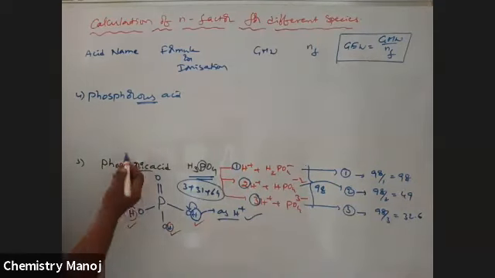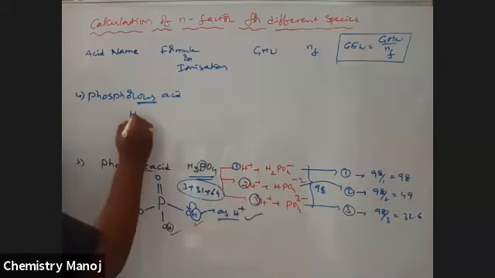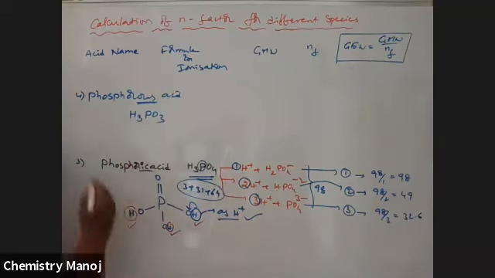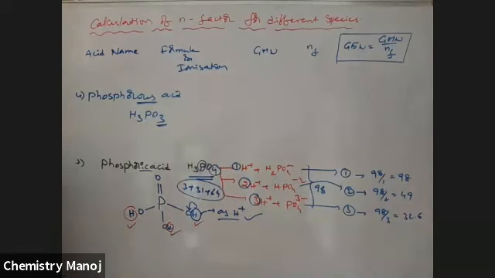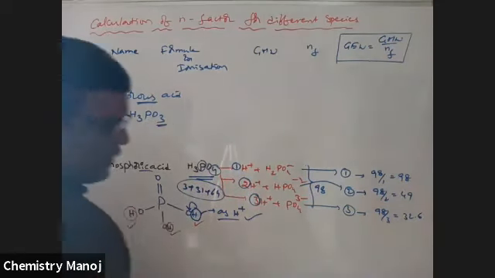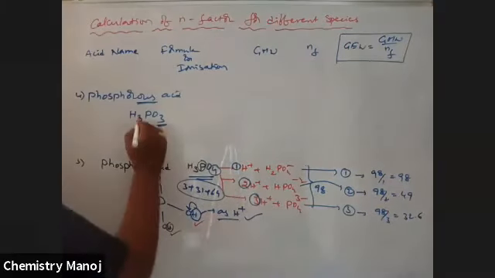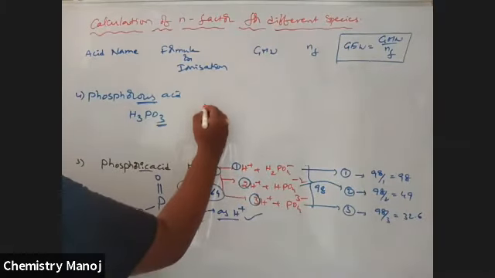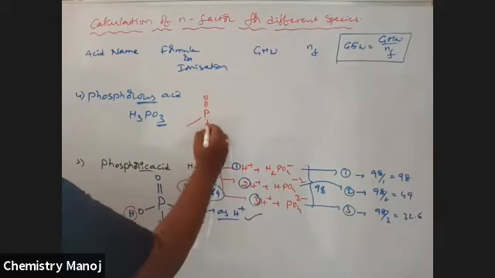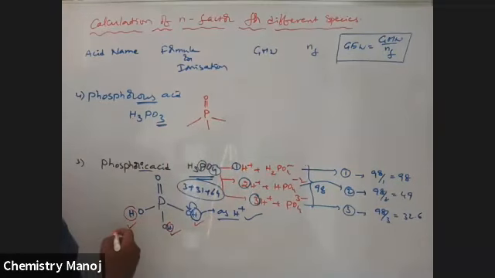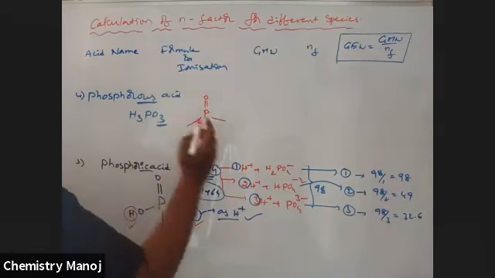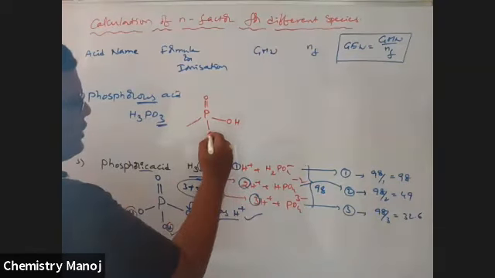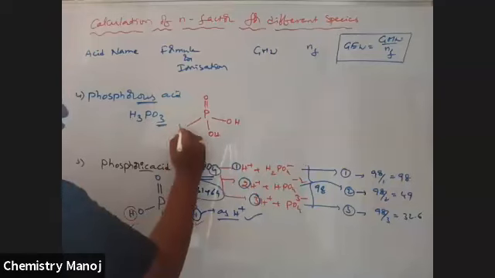Its formula is H3PO3. Now its structure: central atom phosphorus, with a double bond O. There are a total of 5 bonds for phosphorus. So one oxygen goes like this, two oxygens with 2 hydrogens, and one more hydrogen like this.